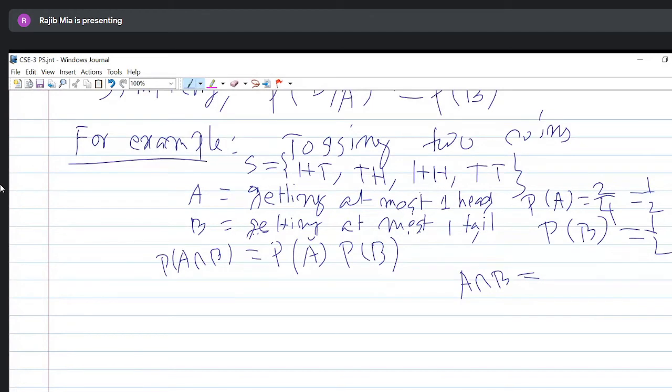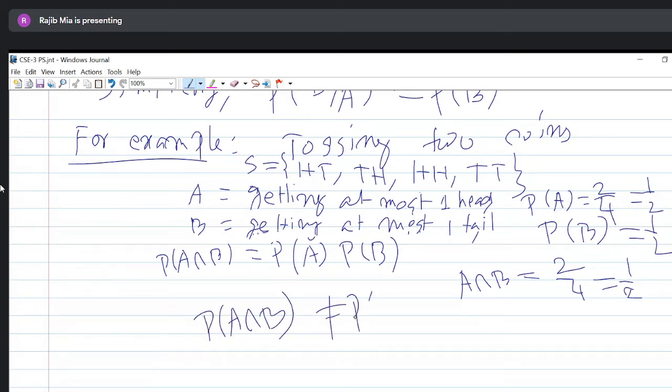So A intersection B is getting at most one head and at most one tail, that is TH and also HT. So this is again 2 by 4, so this is half. So in this case, probability of A intersection B is not equal to probability of A into probability of B. So they are not independent events here.